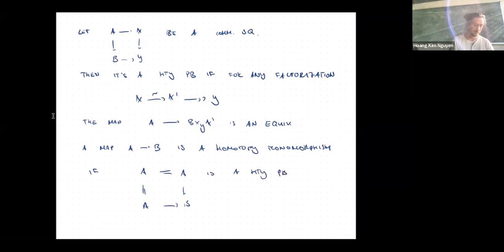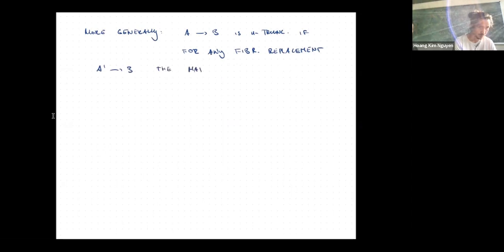And more generally, a map is n-truncated if, say, for any 5-point replacement to B, the map A prime to the diagonal is n-1 truncated.